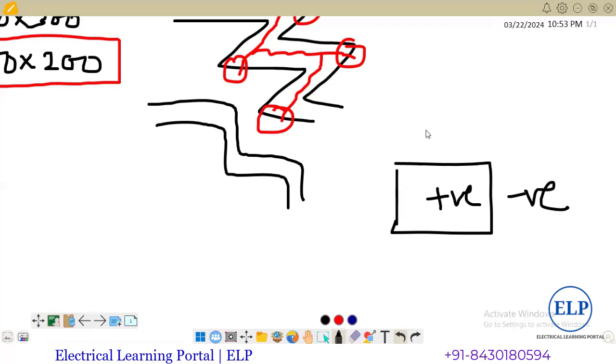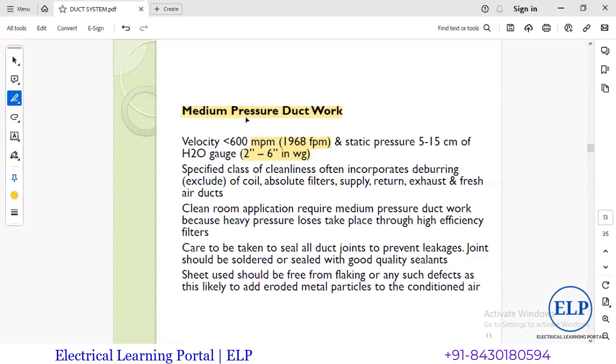We have to provide continuous positive pressure and the cleanest form of air. Usually the velocity is 2000 FPM, but the static pressure is increased. Clean room is an entirely different topic.